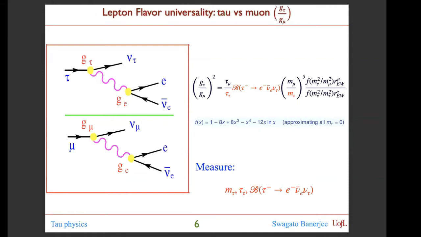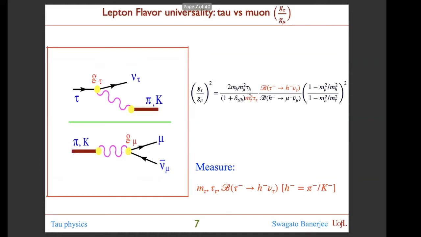Similarly, from the ratio of tau goes to electron and the muon, which decays almost 100% into electron, we see that the G e part cancels out, and the ratio is sensitive to G tau over G mu. So in this case, we need to again measure the mass of the tau, the lifetime of the tau, and the tau branching fraction into electrons. And from this, we can extract the coupling constants ratio of G tau over G mu.